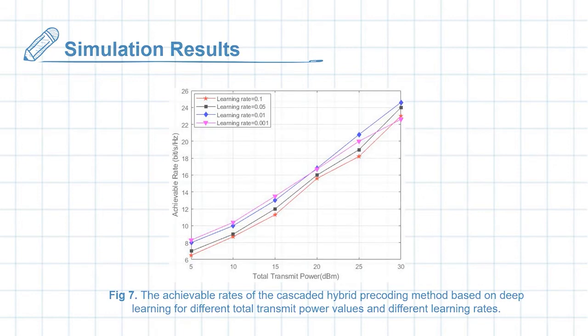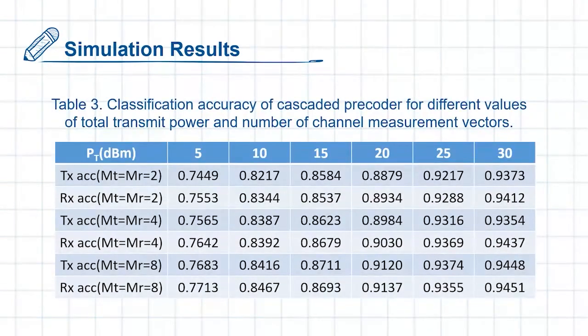In addition, we also give the classification accuracy of the analog precoding vector at the base station and the analog combining vector at the user end under different total transmit powers, as shown in Table 3. It can be seen that the accuracy for the transmit and received predicted beams are almost the same, since we treat them as equally important tasks when training the auto precoder neural network model.